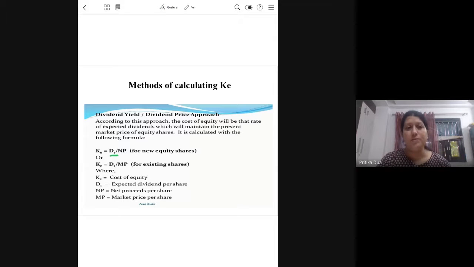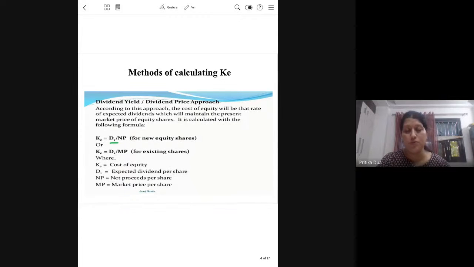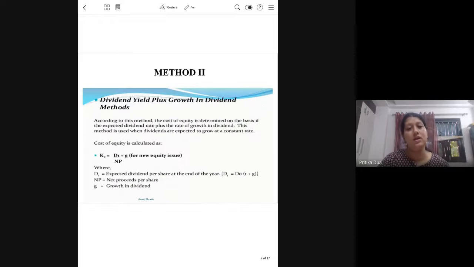We had also practiced one question on the dividend price approach. We move to the second approach, which is the dividend plus growth approach. There may be cases where the firm is declaring dividend, and along with the dividend declaration, you observe that dividends are growing by a certain rate every year.